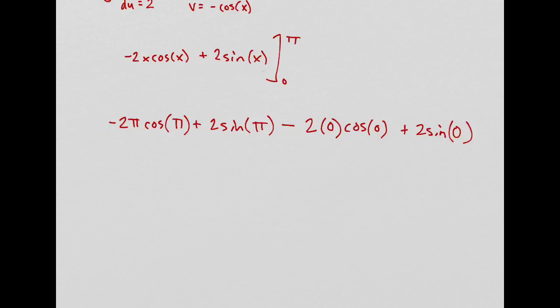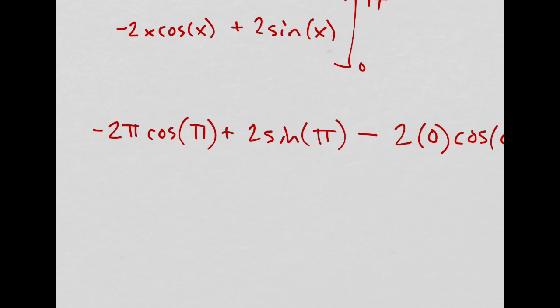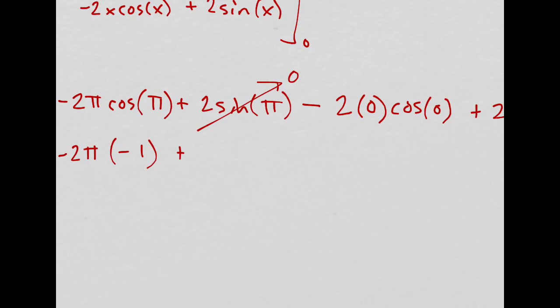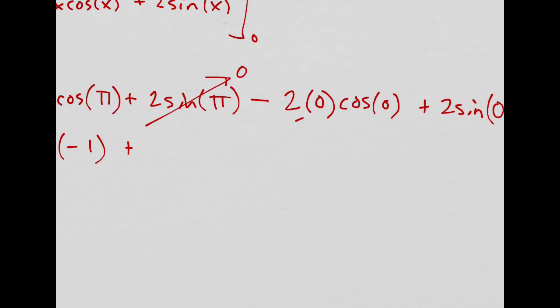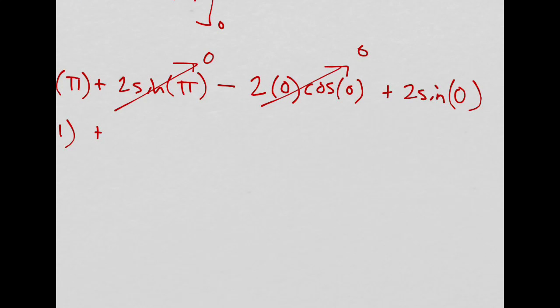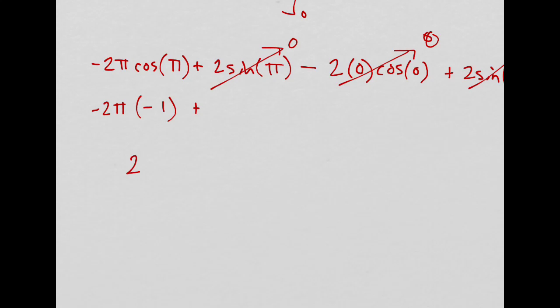Okay, well, what do we have? Cosine of pi is negative 1, so I have negative 2 pi times negative 1, plus sine of pi is 0. And then that goes away to 0, and then sine of 0 is also 0. So is this really just 2 pi?